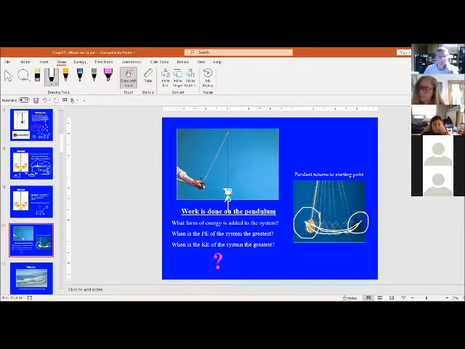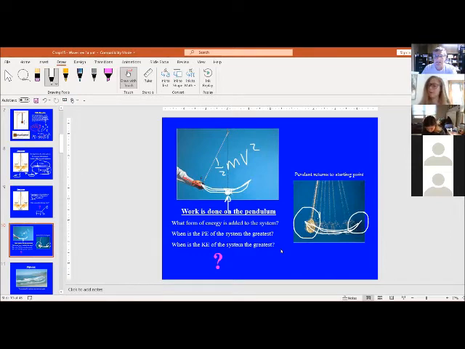Once this pendulum is let go, it's going to oscillate back and forth, and it will have its greatest kinetic energy when the velocity is the greatest, which is as it goes through equilibrium in either direction. The direction doesn't matter because v is squared, right? The kinetic energy is 1/2 mv squared. So it doesn't matter if your velocity is to the left or to the right, because it gets squared. You get a positive number either way.